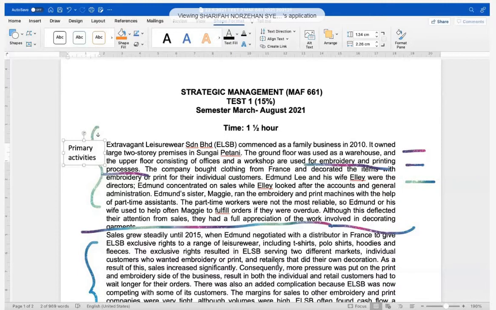The part-time workers were not the most reliable. So Edmund or his wife often helped Maggie to fulfill orders if they were due. Although this deflected their attention from sales, they had a full appreciation of the work involved in decorating the garments.